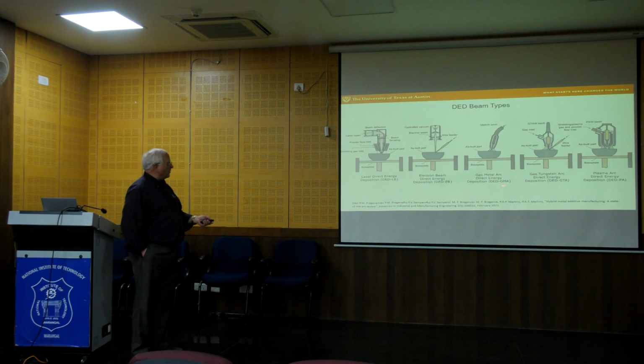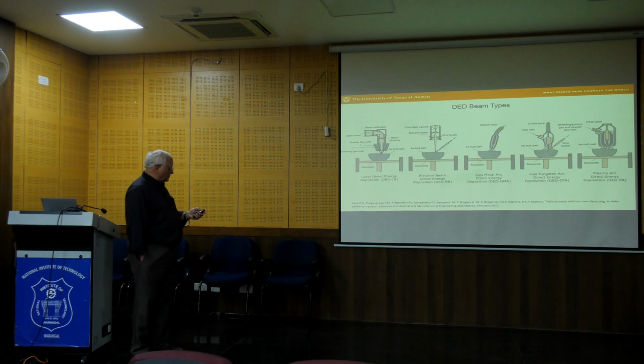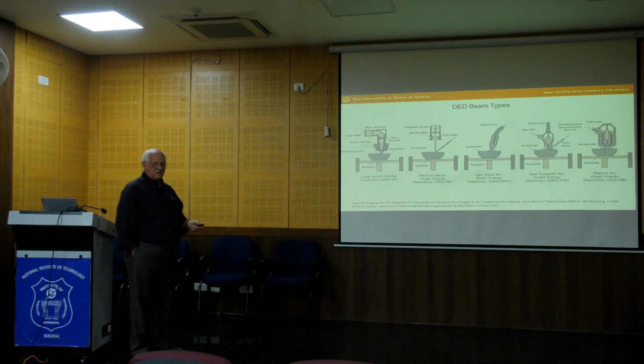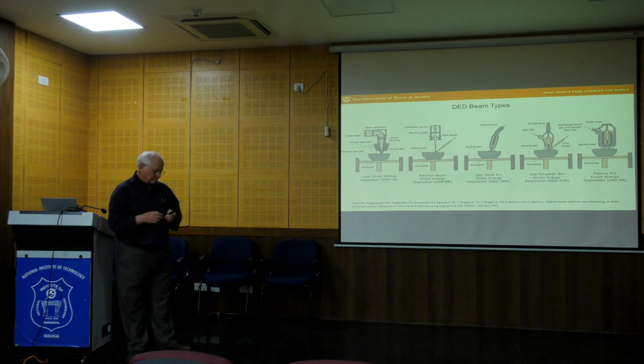So then the third one, the rest of these are all variations on arc welding, and again, fairly traditional sources. The first is the gas metal arc welder, where all of these are electric arc, but the feedstock is actually also the arcing material. So the metal wire that creates the arc results in the melting of the feedstock and its deposition.